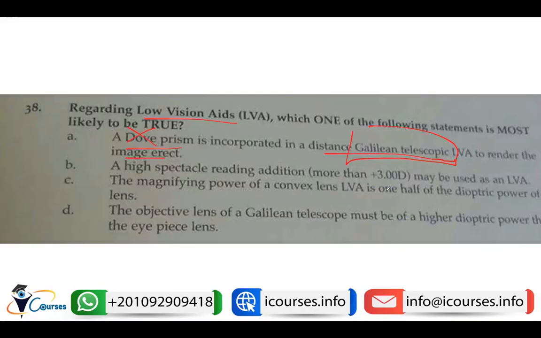A high spectacle reading addition more than +3 may be used as a low vision aid. You may remember that we said we don't give presbyopia correction more than +3 to avoid asthenopia. But here it is asking about a low vision aid. Can we give more than +3 diopter as a low vision aid? The answer is yes.